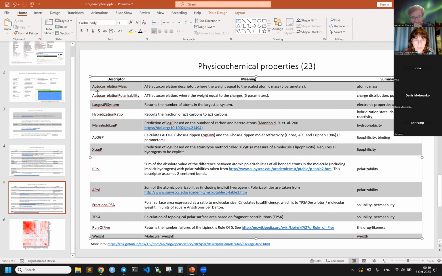Another one, like logP, characterizes lipophilicity, and it sounds quite a bit better than just molecular weight and will differentiate the compounds better, I guess, but it's my guess.